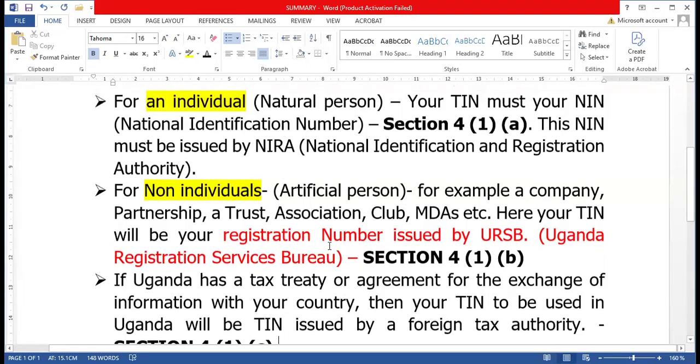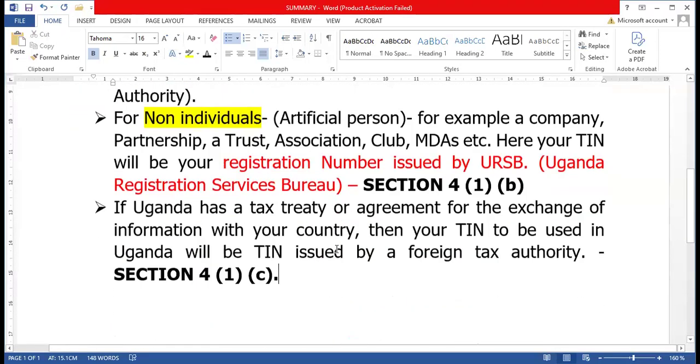So please take note. Obviously, at URSB, there is also that room for foreigners. Maybe you are a foreigner and you want to register a business in Uganda, let's say a branch or a subsidiary or a permanent establishment.